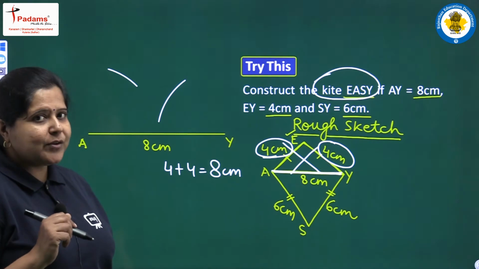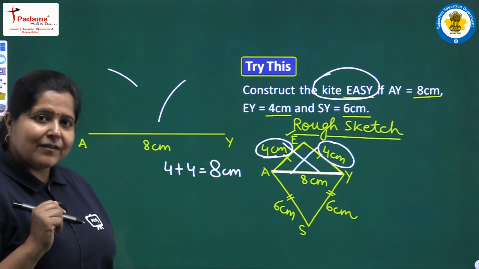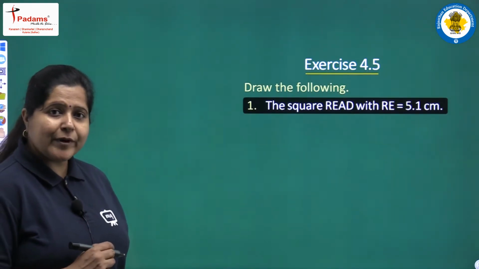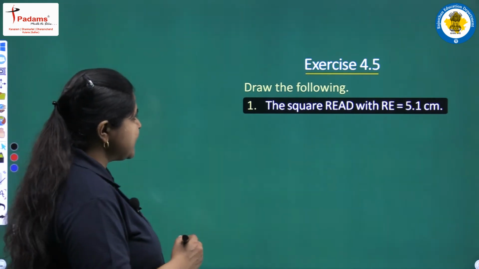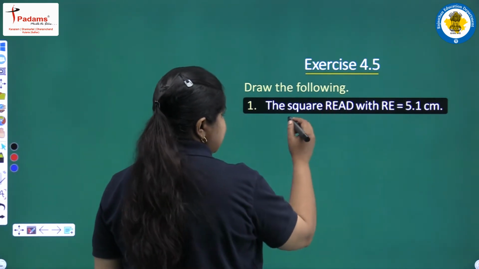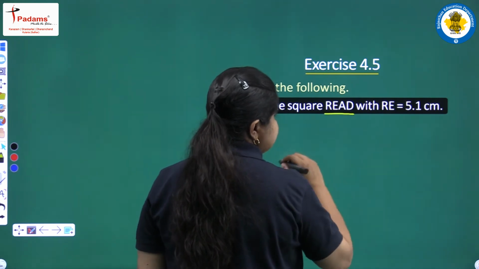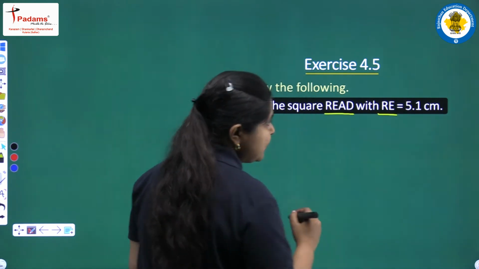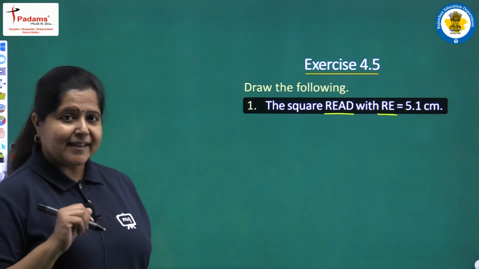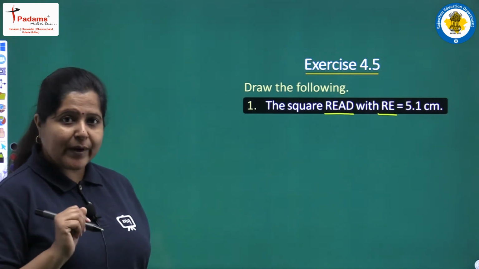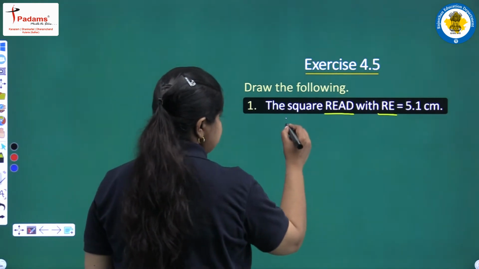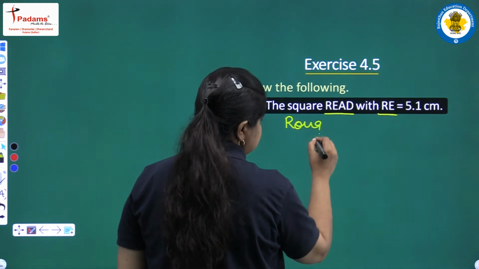With this we move on to our exercise 4.5. This is exercise 4.5 and we have the first question. Draw the following: the square READ with RE equal to 5.1 centimeter. Again we have to construct one square, and for this first of all we will draw its rough sketch.